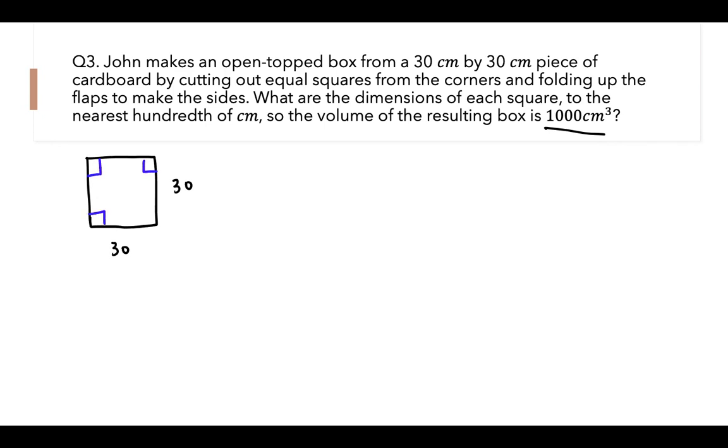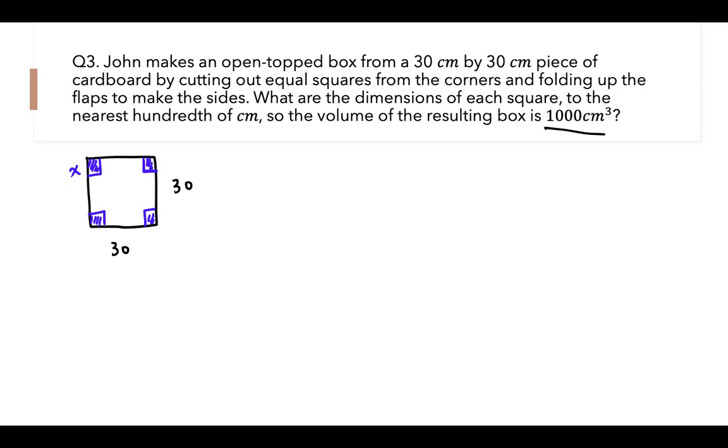So then if I were to cut it out, the flaps would come up. Okay, so we don't know what this blue length is going to be. So if I fold it up, it's going to become a height, right? This is how much it's going to be folded up by.